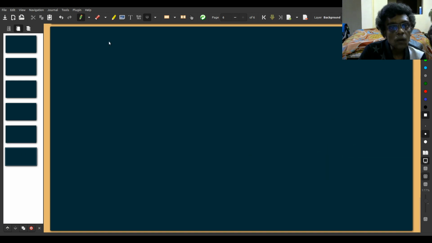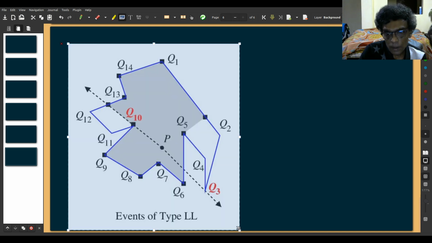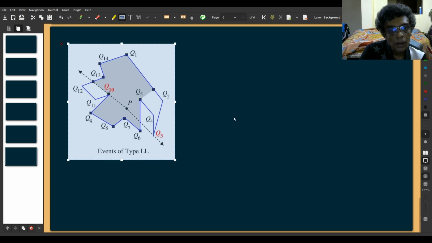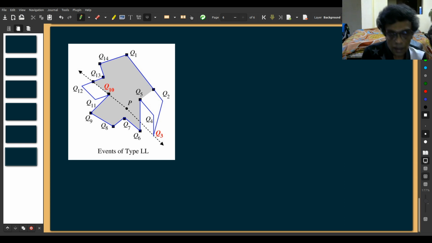Okay. So now let us see a slightly more complicated case, LL. In this case, the effect on S is definitely that you are leaving both E minus and E plus.